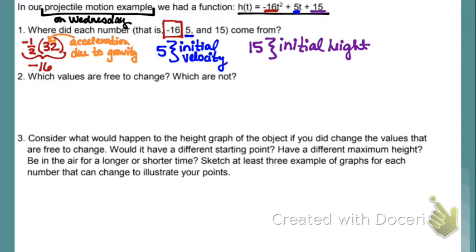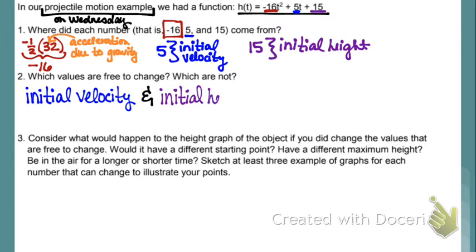Initial velocity can change, and the initial height can change. That -16 is never going to change because that -1/2 is a constant. I could explain how to get there, but it's going to take a while and y'all will get very bored. It's a calculus thing. We'll just leave it at that. And then the acceleration due to gravity, we're not leaving the planet, so that stays constant.